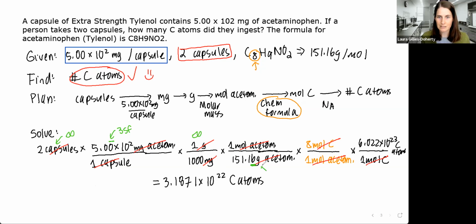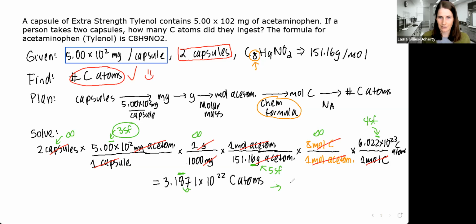Our molar mass has 5 sig figs. Our formula conversion has infinite sig figs because it's based on counting atoms in the formula. And then Avogadro's number has 4 sig figs. So as we scan through here, my fewest number of sig figs is 3. This whole problem is multiplication and division, so that's going to limit my final answer to 3 sig figs.